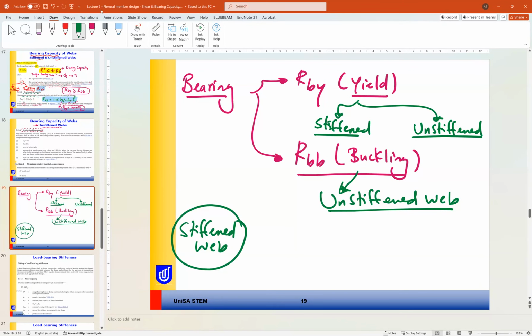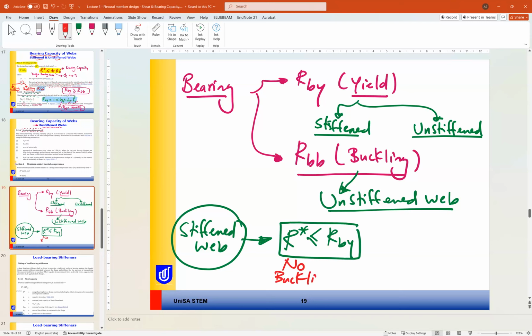the bearing capacity is only one value, which is RBY. So we don't have the other option, because no buckling is expected if you have stiffened web.